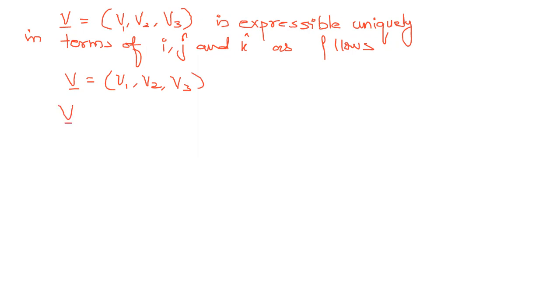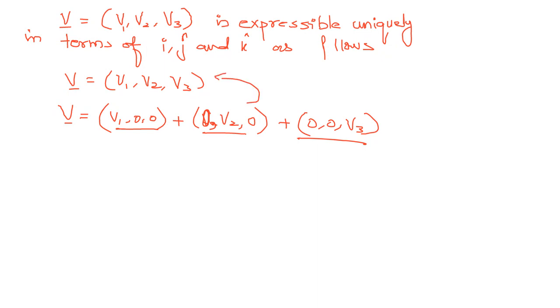For example, v is a vector that has the coordinates v1, v2, and v3. Can I write v1 as v1, 0, 0? For v2, I write 0, v2, 0. For v3, I write 0, 0, v3. If I add these three vectors, I will definitely get this vector. Since v1 is a number, you can take it outside, leaving 1, 0, 0, plus v2 outside, leaving 0, 1, 0, and similarly v3 outside, leaving 0, 0, 1.